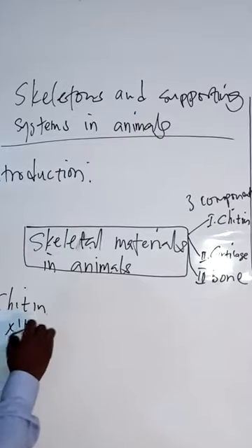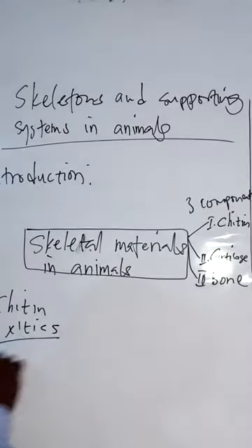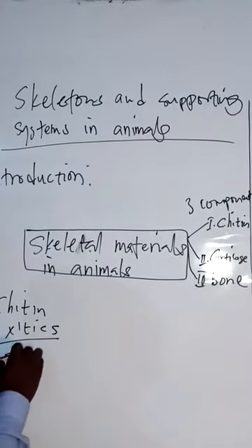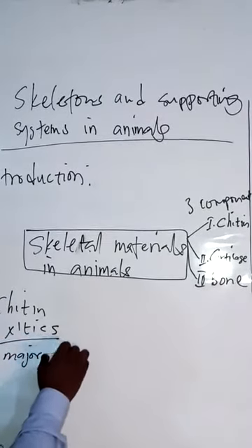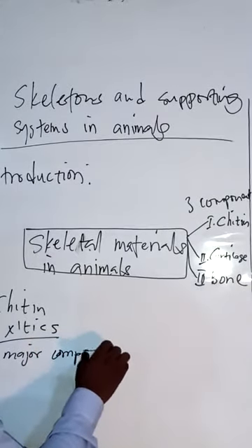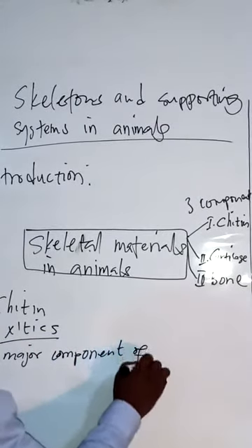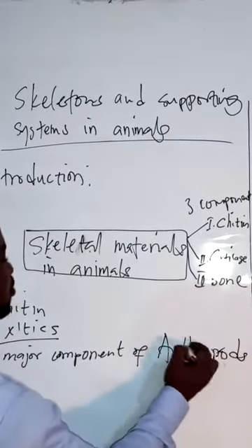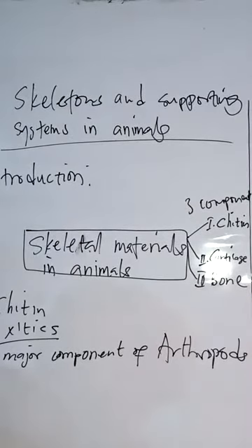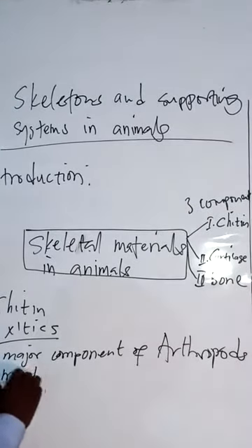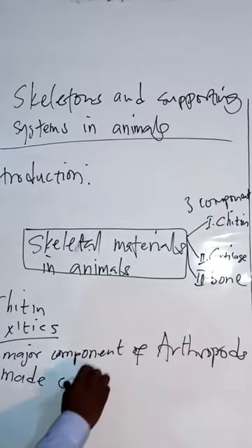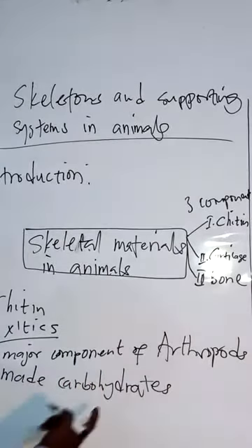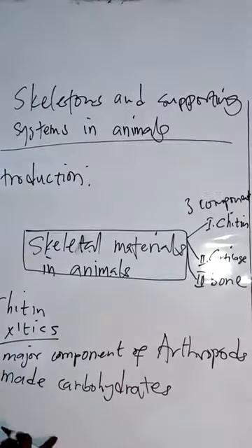We look at some few characteristics, all right? For chitin, you find that it is a major component of arthropods' body. You know arthropods? Phylum Arthropoda. Secondly, it is made up of carbohydrates, which is similar to cellulose of plant cell wall. And you know, plant cell wall is freely permeable to all substances.